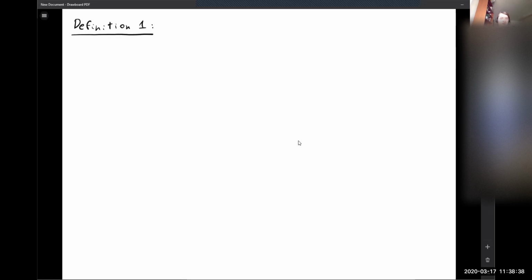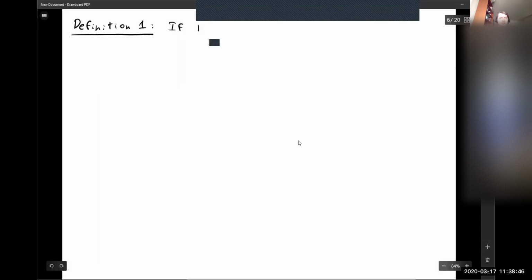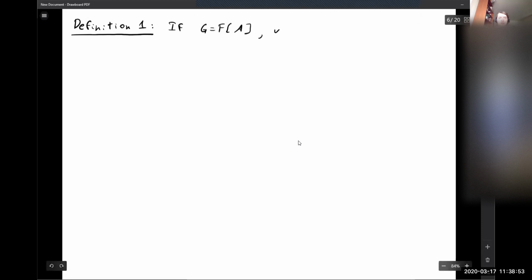If G is a free group generated by A, we call the cardinality of A the rank of a free group.